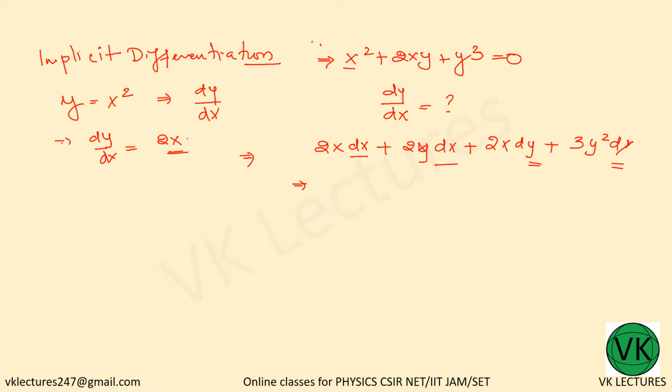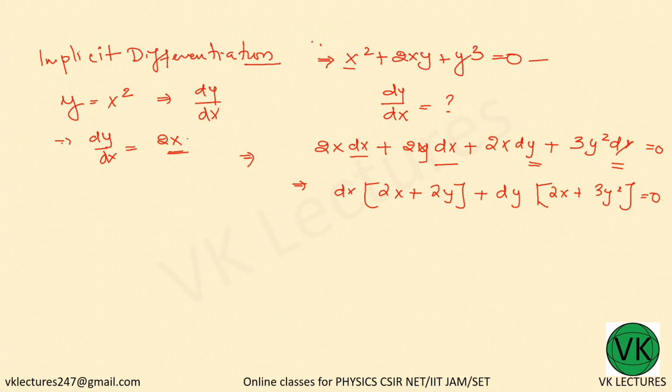So dx times (2x plus 2y) plus dy times (2x plus 3y square) is equal to 0, because here you have zeros. Now is it easy to find dy by dx?